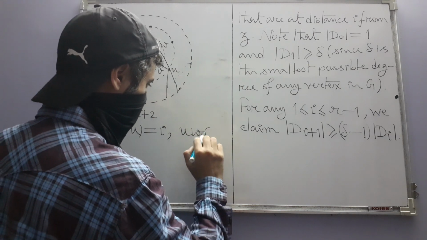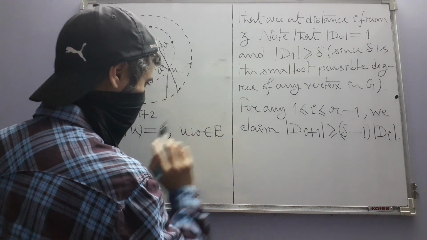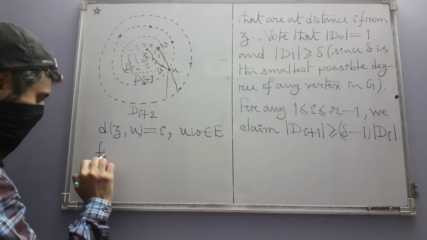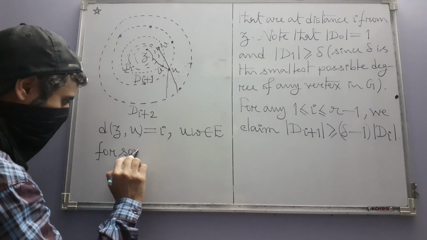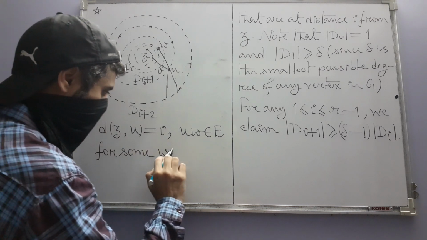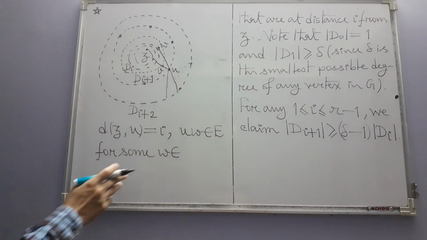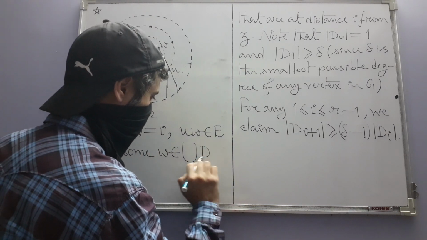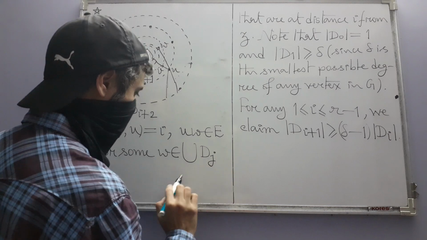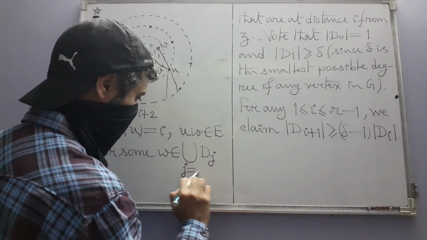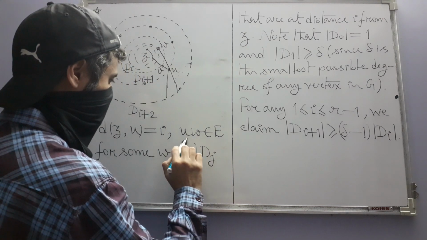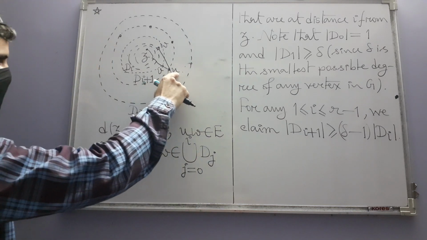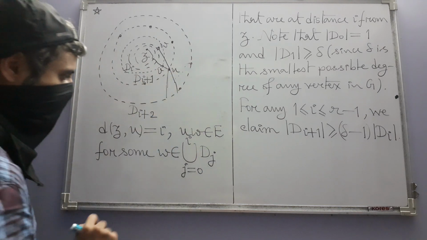So this is an edge, it belongs to the edge set of G, for some W belonging to a lower level set d_j, where j varies from 0 to i, because the original U is at the level i plus 1.